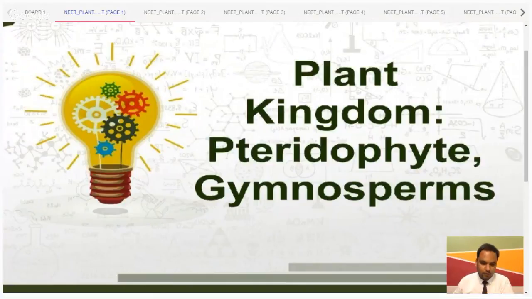So first of all, everyone, pteridophytes. If you remember, last to last class I was talking about the classification of the plant kingdom, and there we classified pteridophytes into cryptogams. These are plants which have vascular tissues, but they do not form seed.